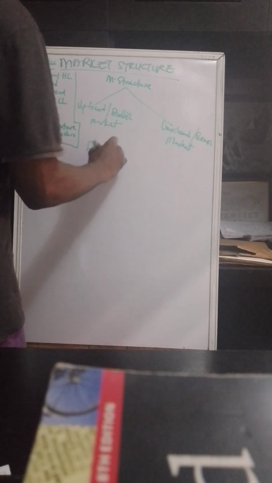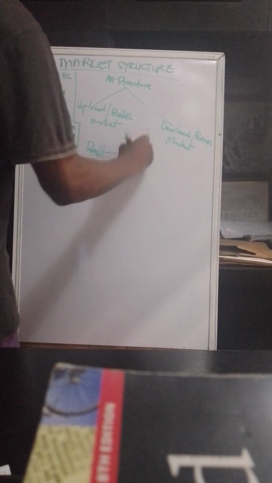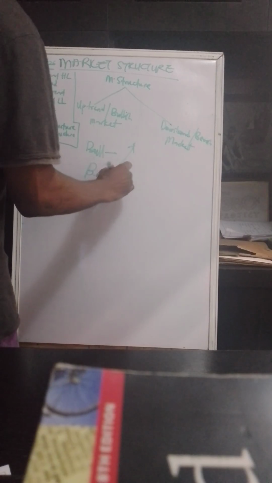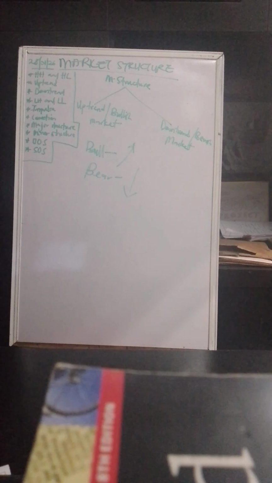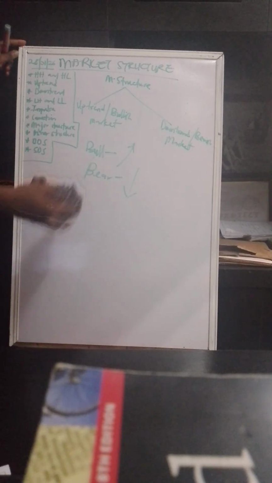Bull in trading signifies up. Bear in trading signifies down. So, very simple. Market structure is divided into the uptrend, the bullish market, and the downtrend, which is the bearish market.